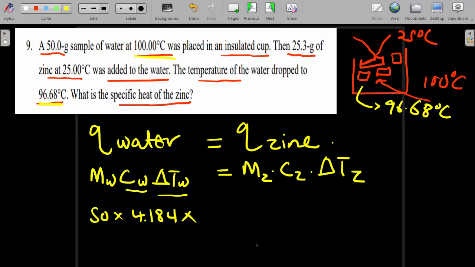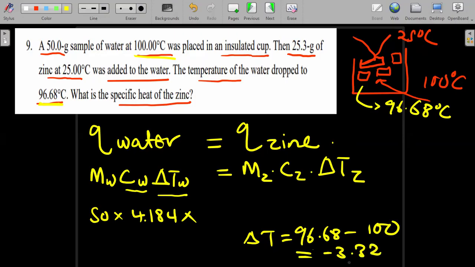So the change in temperature will just be equal to 96.68 minus 100. When we subtract this, we're going to get minus 3.32. So this here is the change in temperature, minus 3.32. Why?